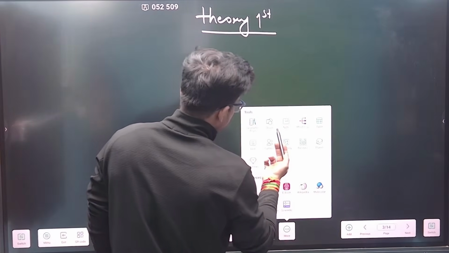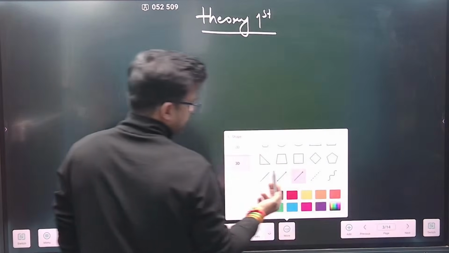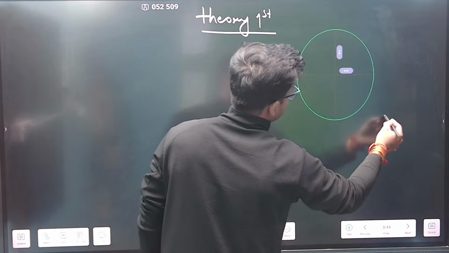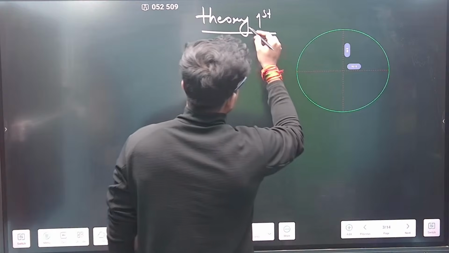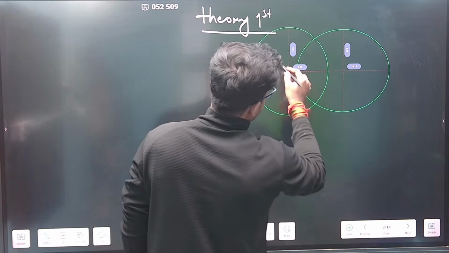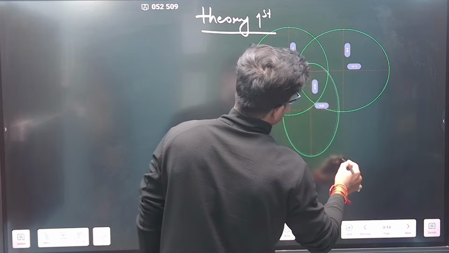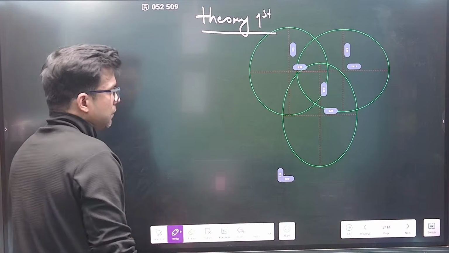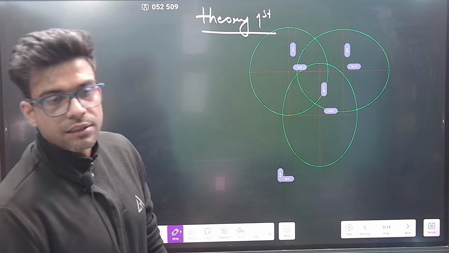Anything which overlaps, for example, if this is 1 and this is 2, and this is 3, I'm just taking the structure right now.